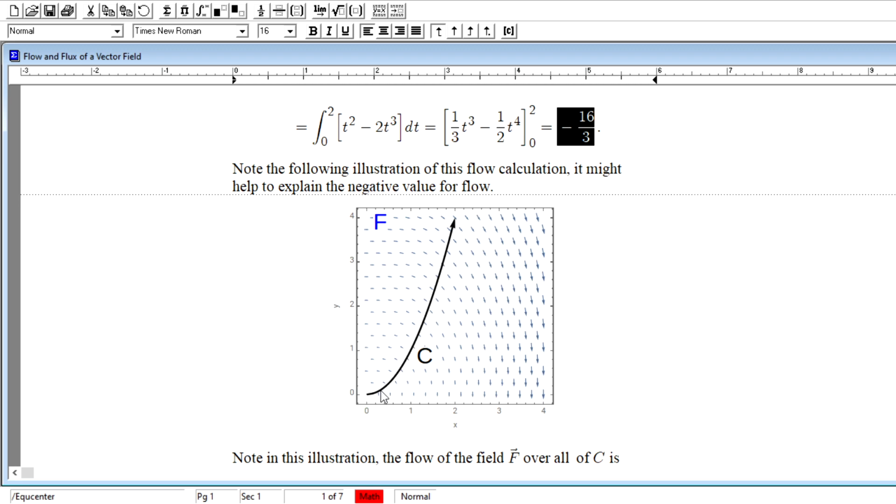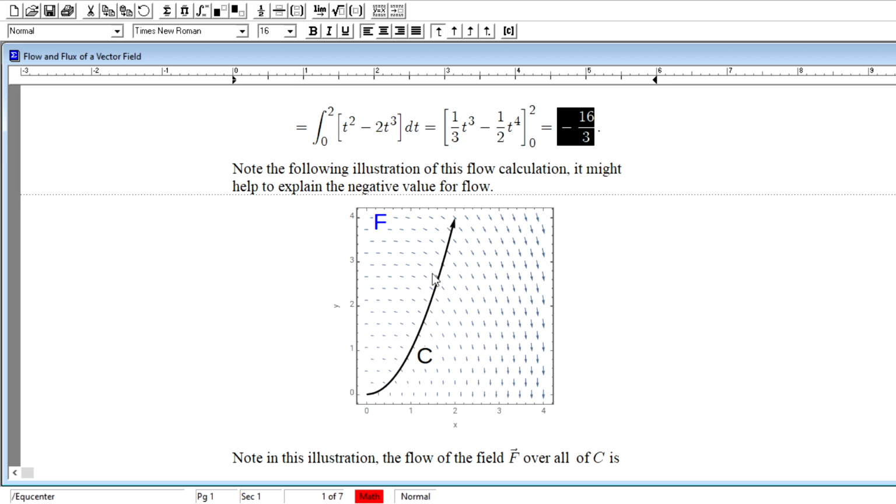If that curve was considered a path of motion for some object, subject to this being some force field, you can see that the force field does not help at all in moving that object along that path. That force field would actually work against the forward motion along that path.